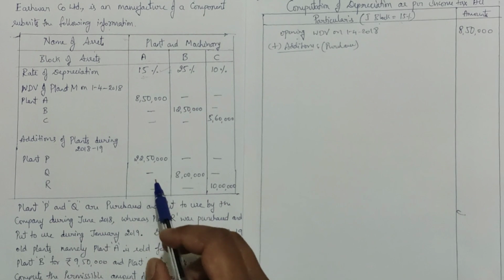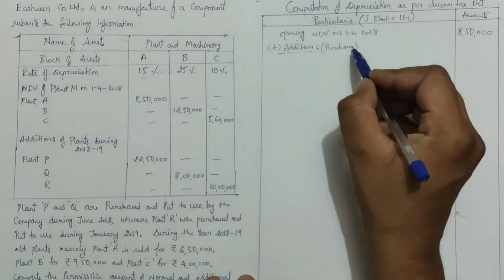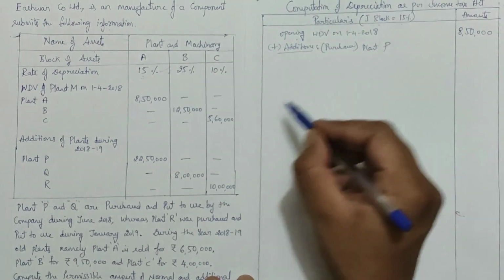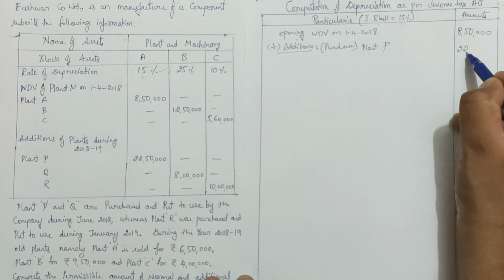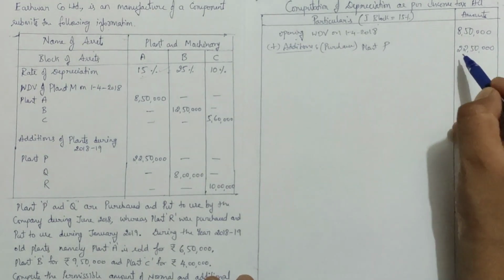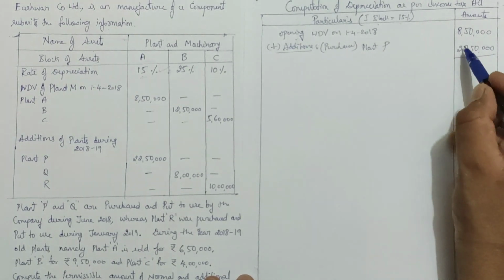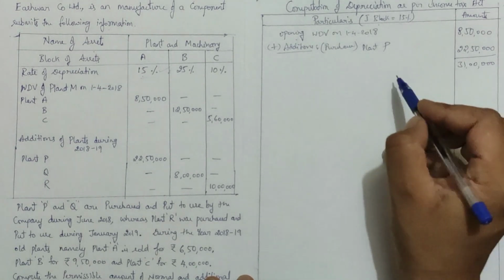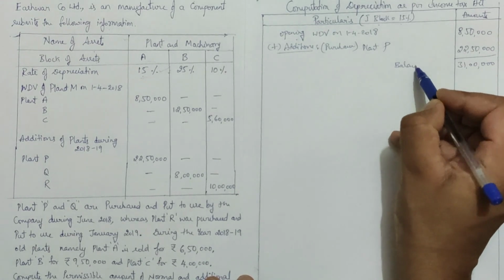Under this only we need to add 22,50,000. Here additions purchased, which plant? Plant P. How much is the value? They have given 22,50,000, so we are adding that. After adding we'll get 31 lakh. So this is a balance, that is after adding.